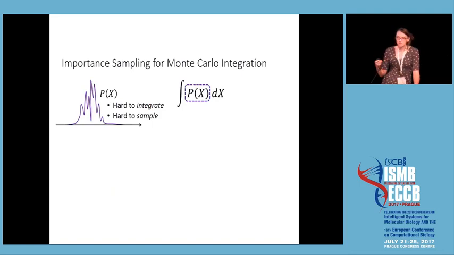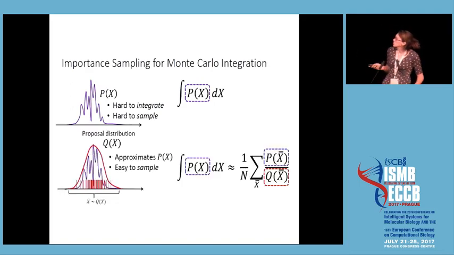The statistical technique that we use for this is called importance sampling. Generally speaking, one of the uses for importance sampling is Monte Carlo integration. It's for when we have some distribution that we can evaluate, but it's hard to integrate analytically and hard to sample from.